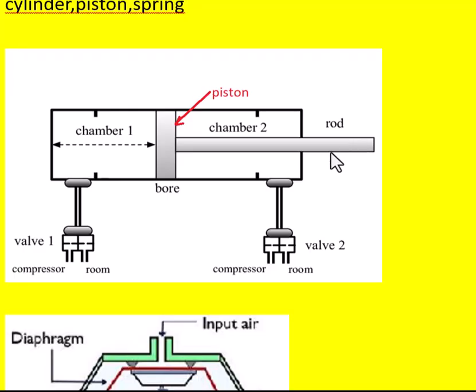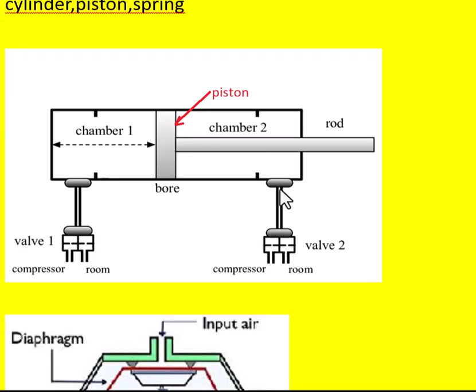Now, to bring back this piston to the original position, it will have what is called the spring. So for that, valve 1 is closed, whereas valve 2 is opened. So here the pressure releases from this chamber 1, whereas pressure mounts in this chamber from valve 2.